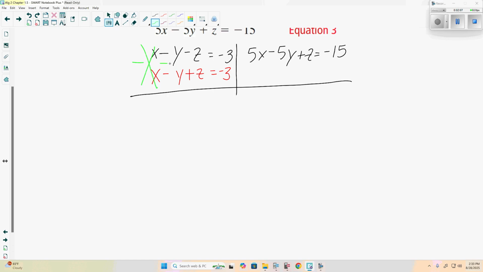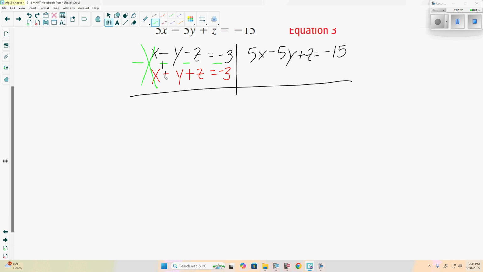So since subtracting made it so that the variable x cancels out, we're going to subtract both equations from each other. So x minus x is 0. We'll look at the next one. Negative y minus negative y. Well, here the negative and negative would make a plus.